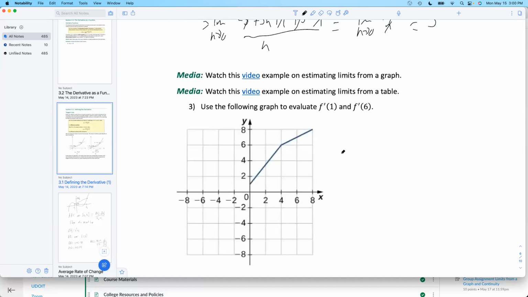So derivatives spit out slopes of tangent lines. So we could do this graphically. f prime at 1. So I'm talking right here. What is the slope of this line itself? This line is tangent to itself. So I would want the slope right there. f prime at 1 is that slope.